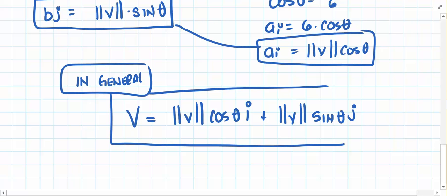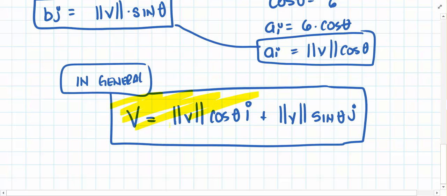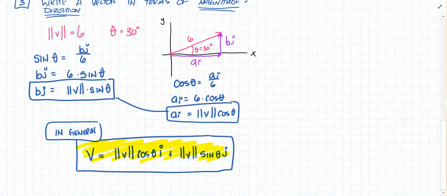So in general, this is what we have. This is the important part here to describe it. And I didn't want to just tell it to you. I wanted to explain to you where it comes from in terms of an example.